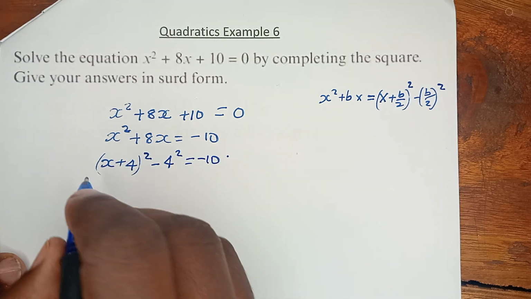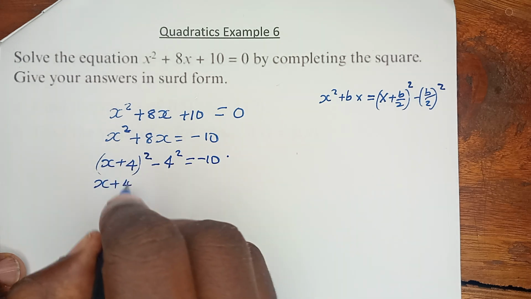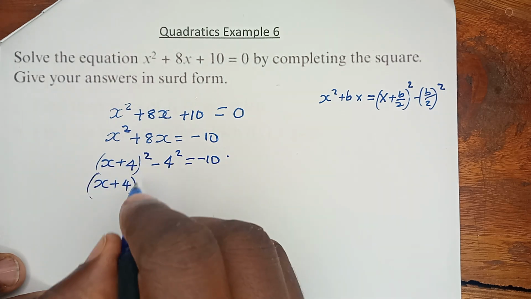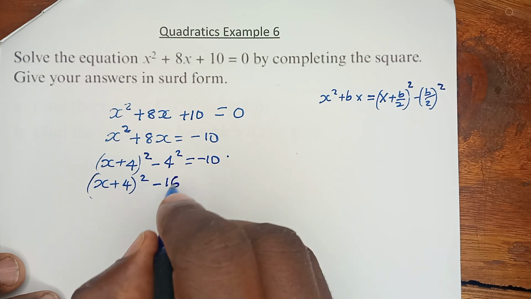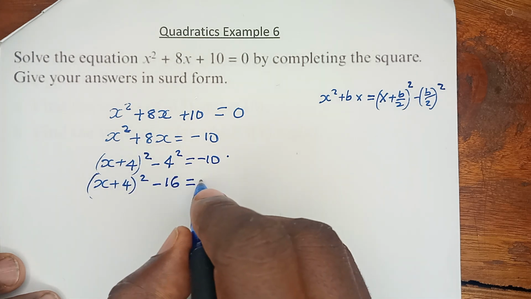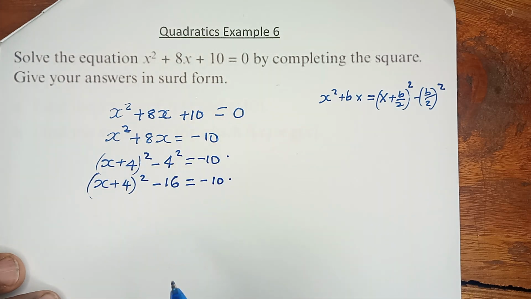With that, we have now x plus 4 squared minus 16 is equal to negative 10. Because we want to make x the subject of the formula, everything else has to go to the right.